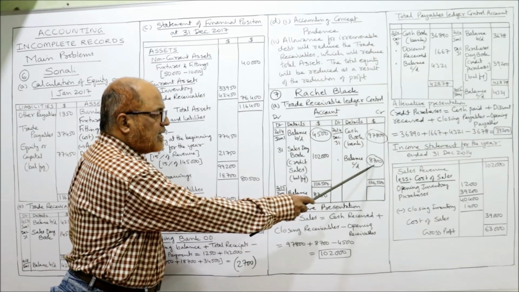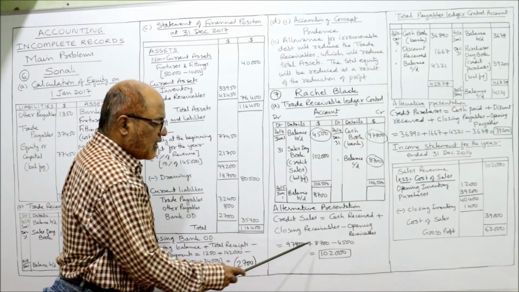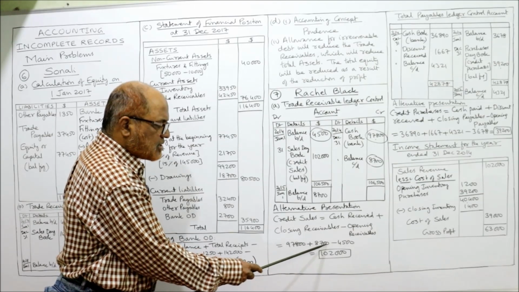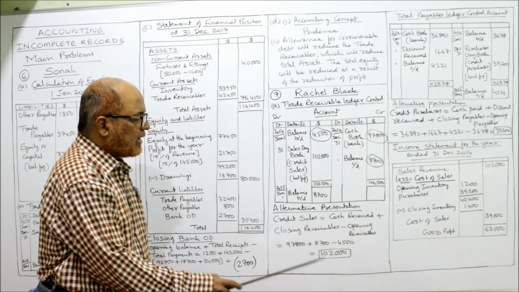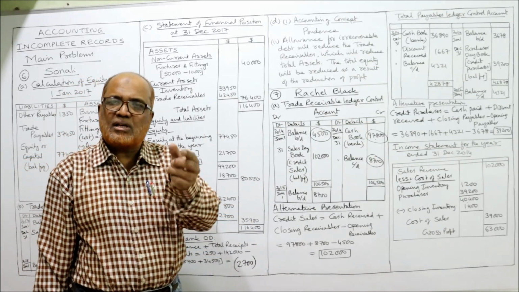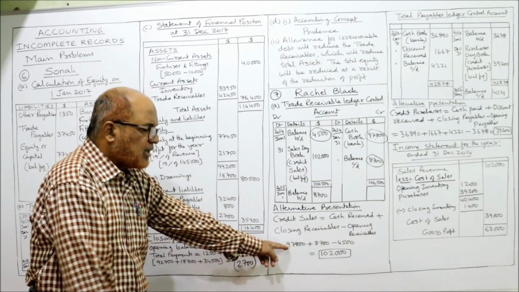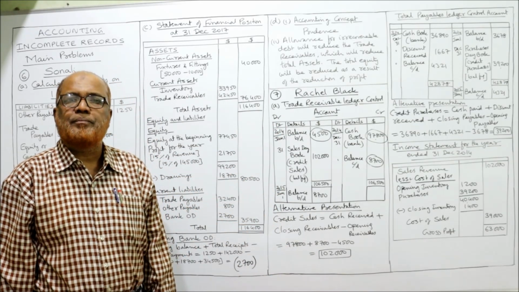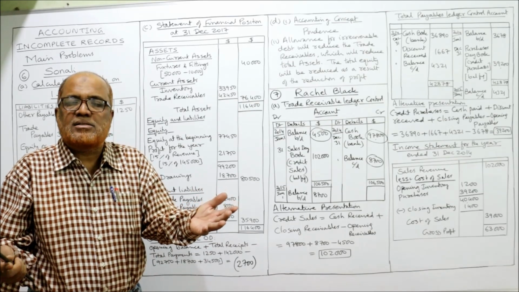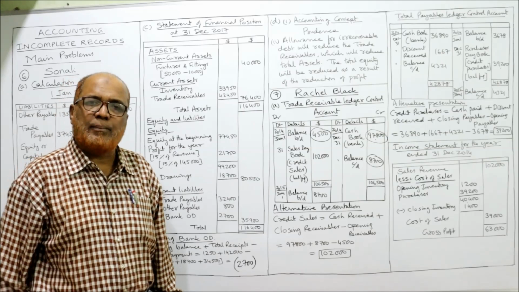Closing receivable is 8,700. Opening receivable is 4,500. So 97,800 plus 8,700 minus 4,500, 1,02,000. Same thing I got. Same 1,02,000 credit sale I got by making this account or by making this equation. So it's your choice. You can do like this or you can do like this. That's all. A bit complete.